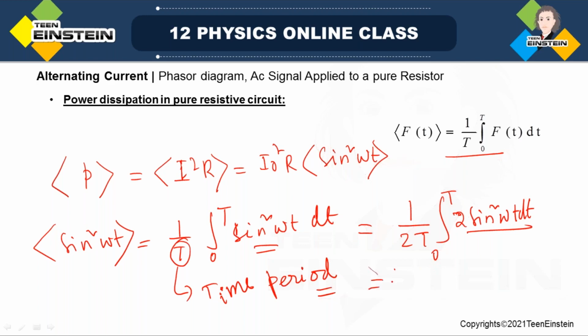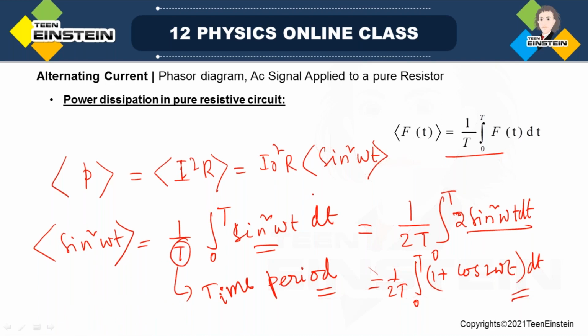So you get 1 by 2T, integral from 0 to T of 1 minus cos of 2 omega t. I'm not doing the whole integration here.